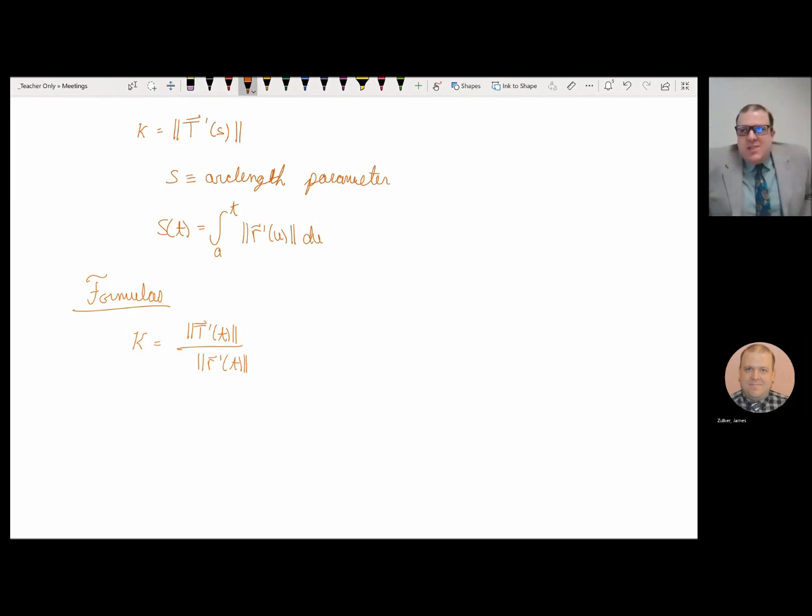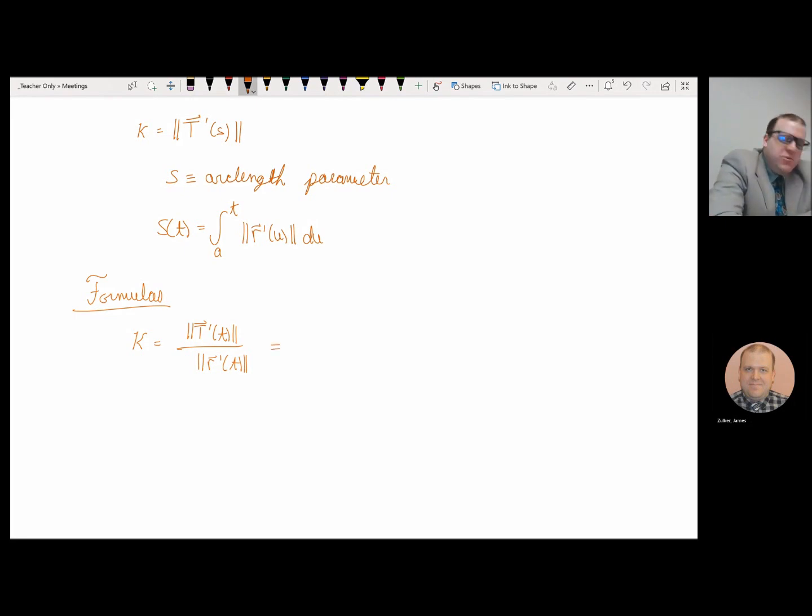Notice this now eliminates the arc length parameter. That's nice. However, that is still requiring us to find the unit tangent vector and then take its derivative, which again can be a beast.